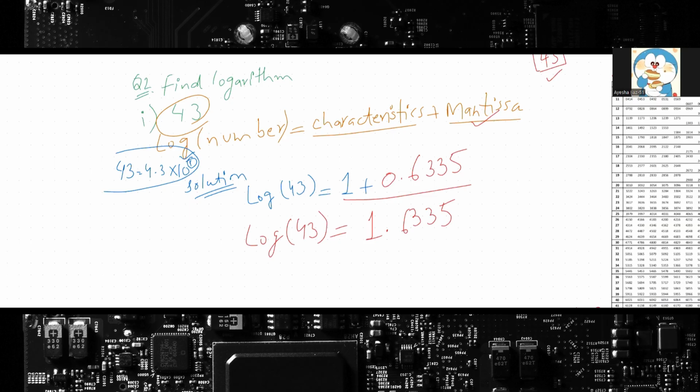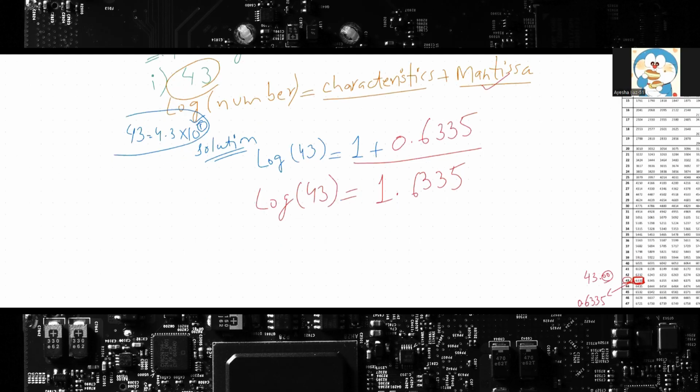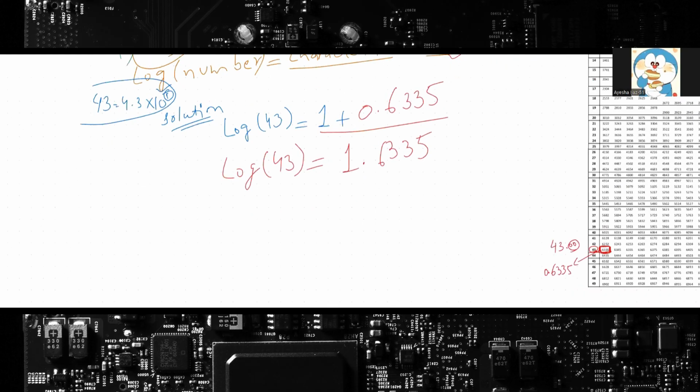Okay, so let's solve another question. Let's see another part of this question. The second part is to find the log of the number 579. So now you know what the first step is. Solve it with me, okay?